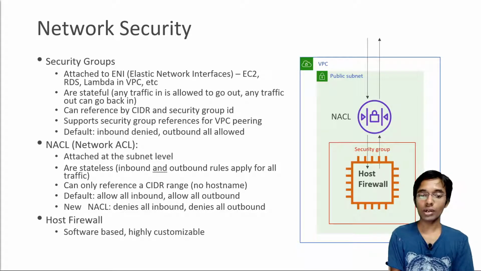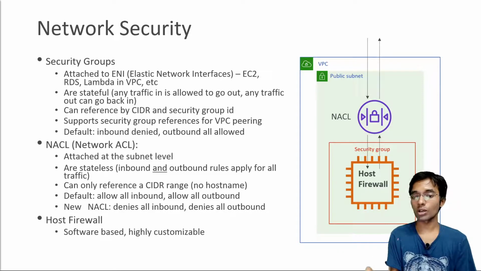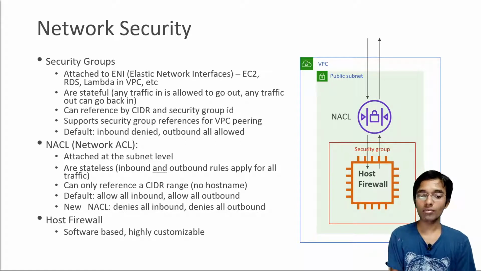It's attached at the subnet level and it's stateless. That means that you need to define both inbound and outbound rules, and that will apply for all the traffic. So it's not necessarily the case that what goes in can go back out.